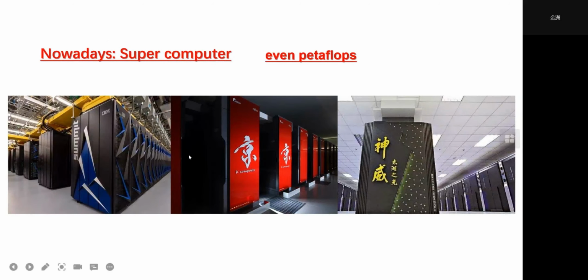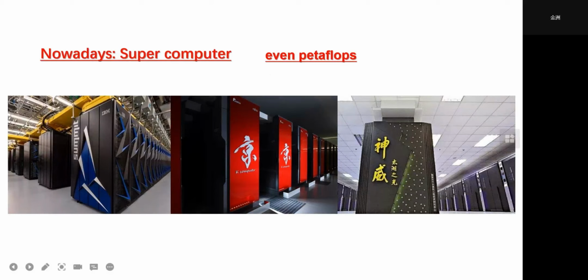And this shows the Summit supercomputer from America. And this shows the Fugaku computer, from Japan. And this is from China, the Sunway supercomputer.